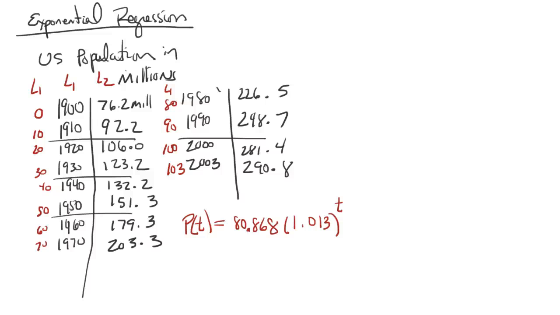So that was the question that your book asked. All right, so let's modify it. So here we go. Let's ask some extra questions. Okay. What was the population in 1955?